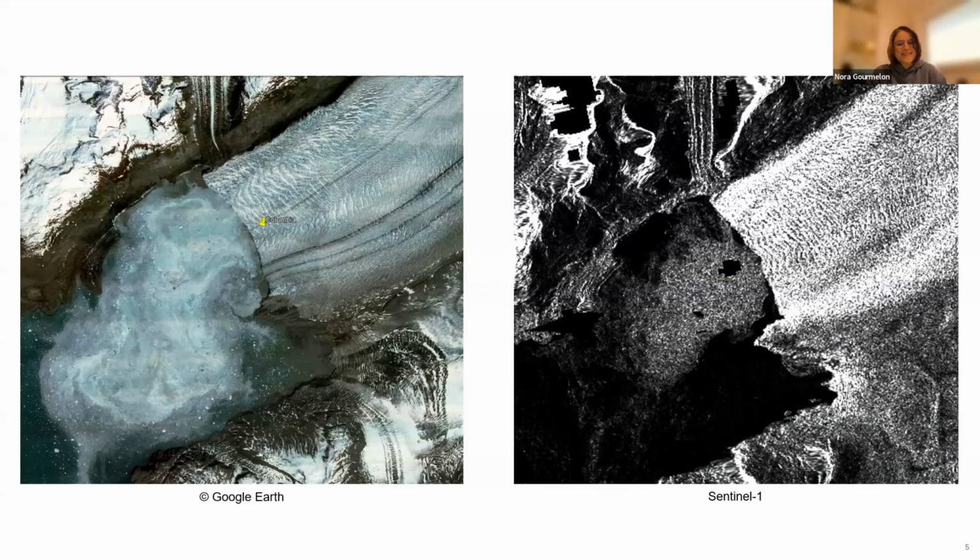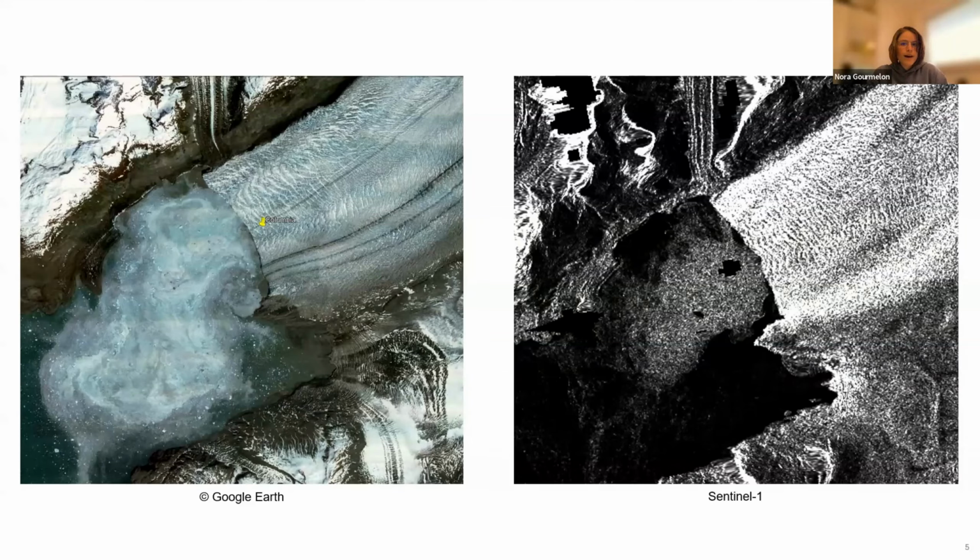So you might know that a lot of these glaciers that end in the ocean are located in the Arctic and the Antarctic. And therefore, there are long periods of darkness. And during these, we would have no data if we only relied on optical images.